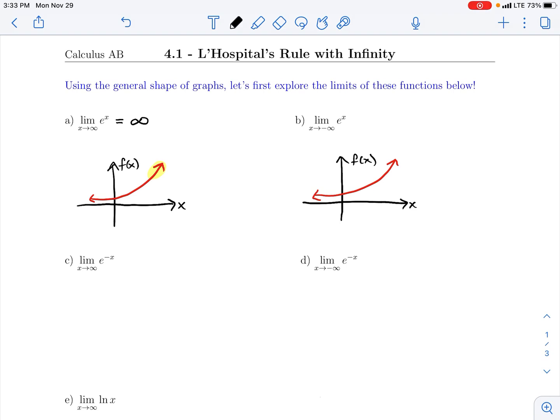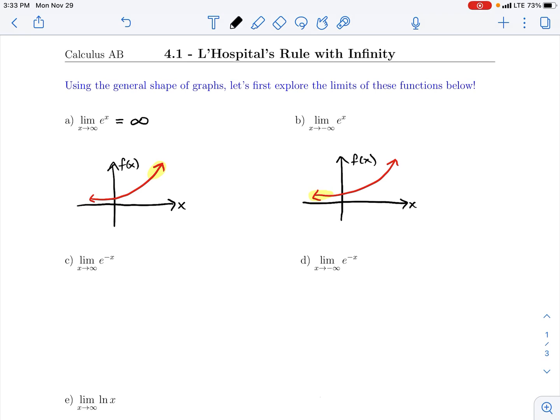Okay. What about in part B? Well, what's happening as x is approaching negative infinity? So now I'm looking to the left of the graph because I want to look at what's happening when my x values are getting smaller. In other words, they're approaching negative infinity, right? They're getting more and more negative. What's happening to my output values? Well, here I see that the y values or the output values are approaching 0.